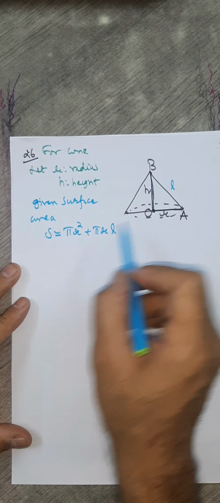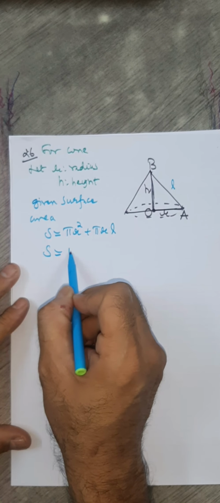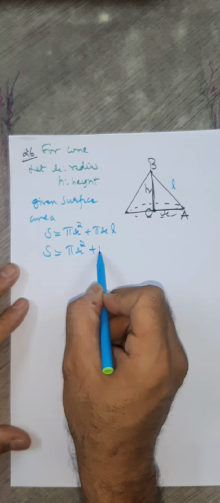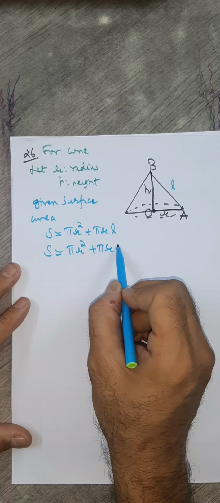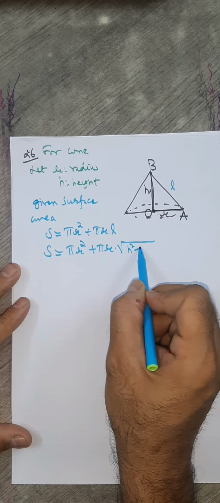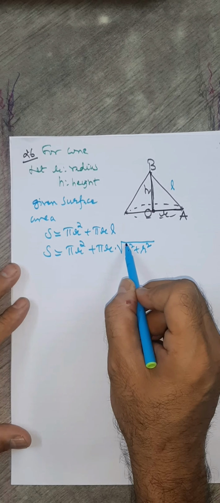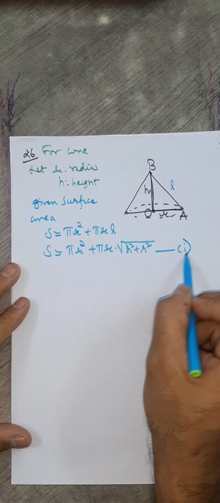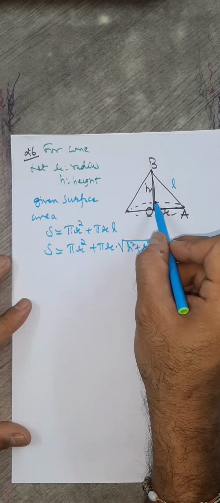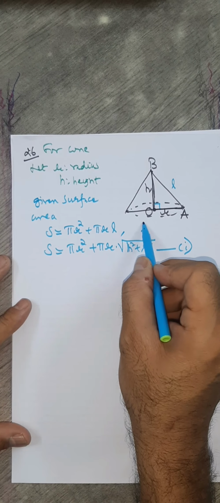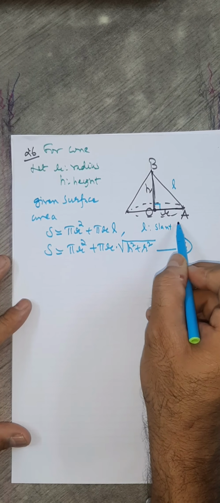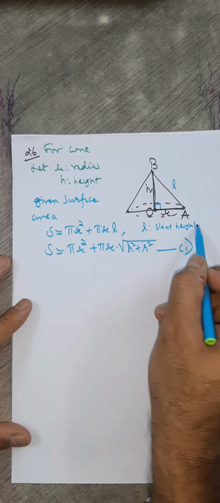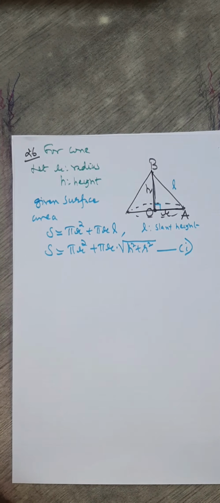This l is the slant height. So pi r squared plus pi r into, you know how to write this, root of h squared plus r squared. This is our equation number 1 here. This is from the right angle triangle. Here l is the slant height. This is the slanting surface area.